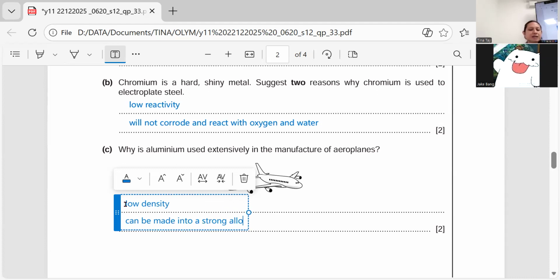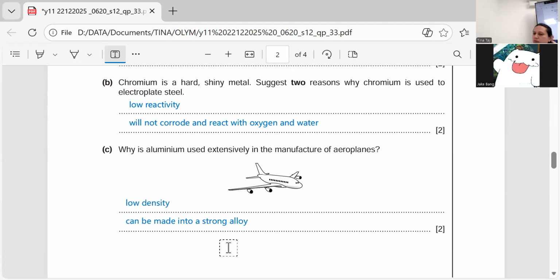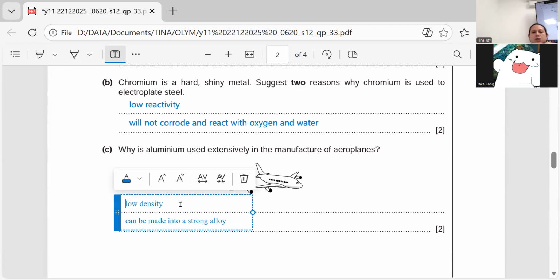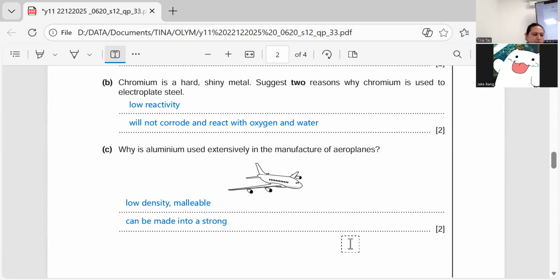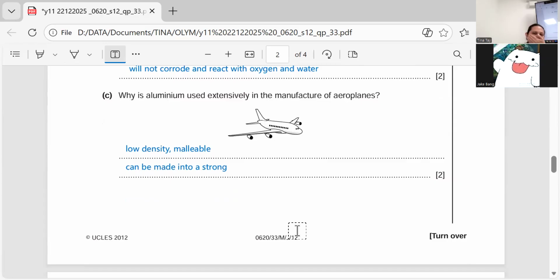That means it's still very light, but strong. And also malleable. Can you understand?